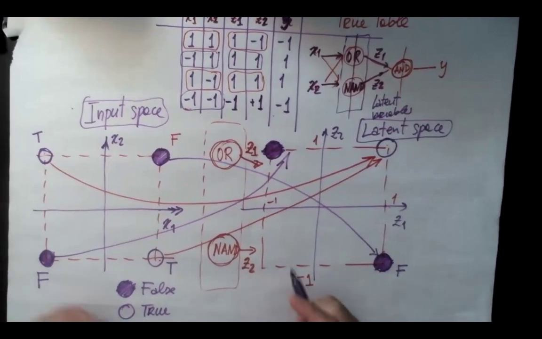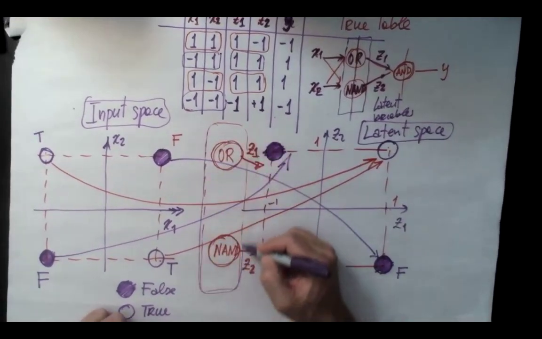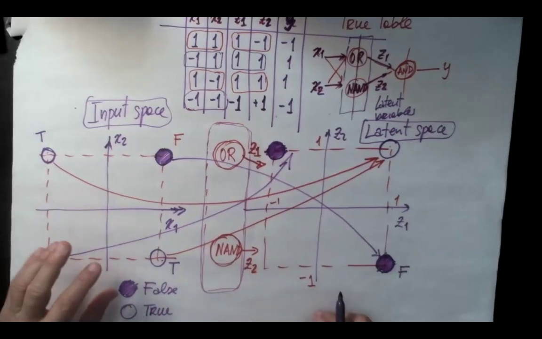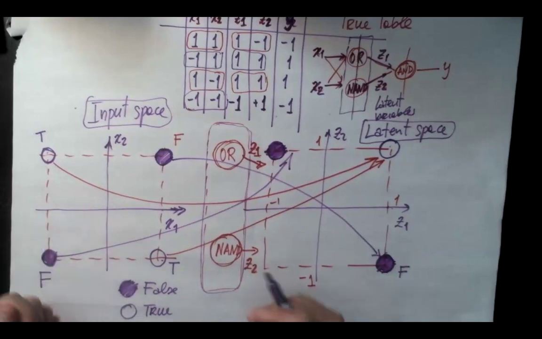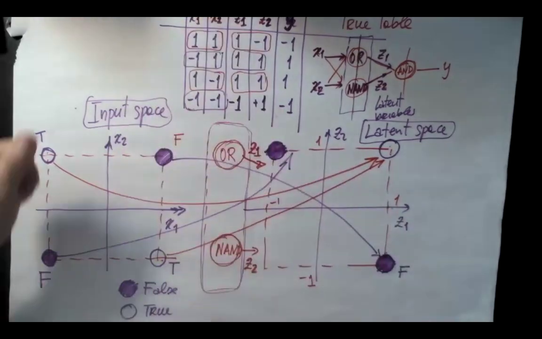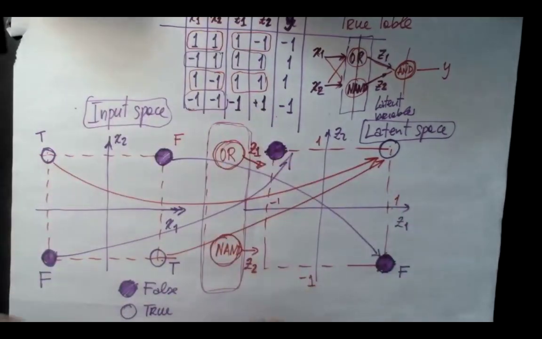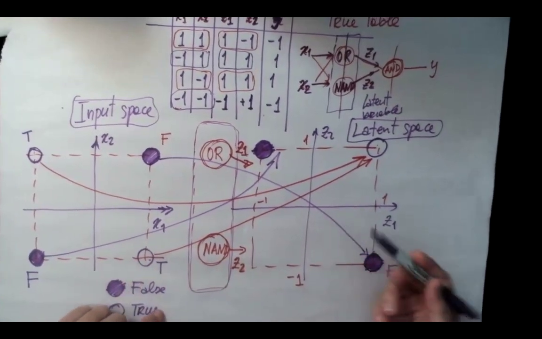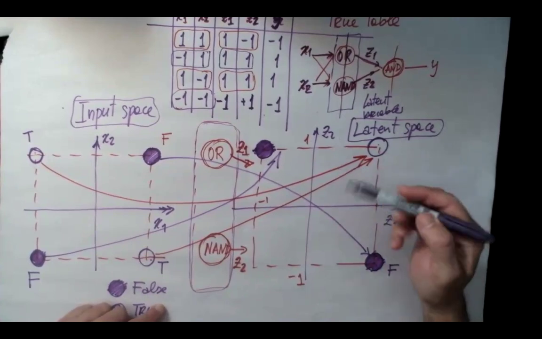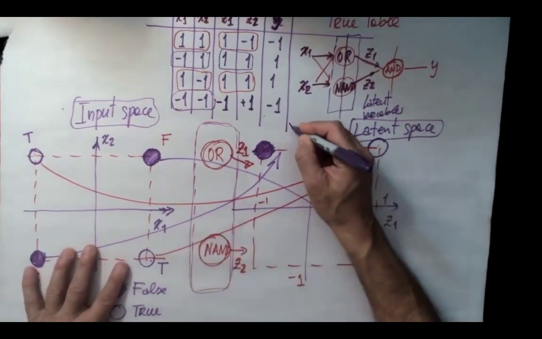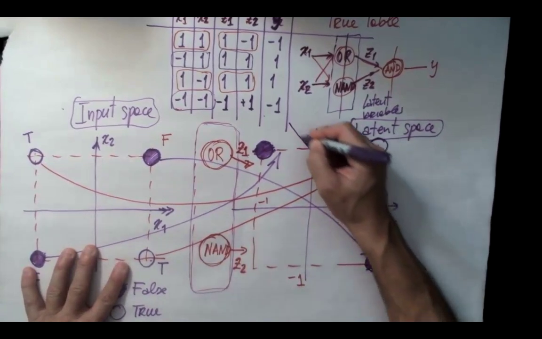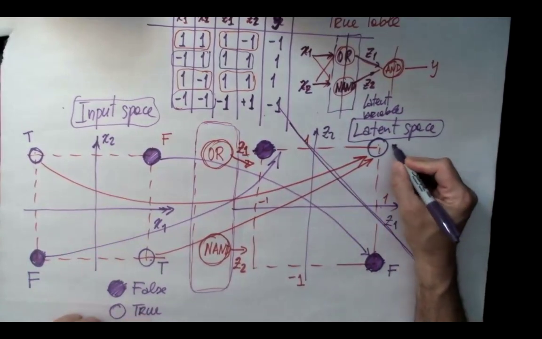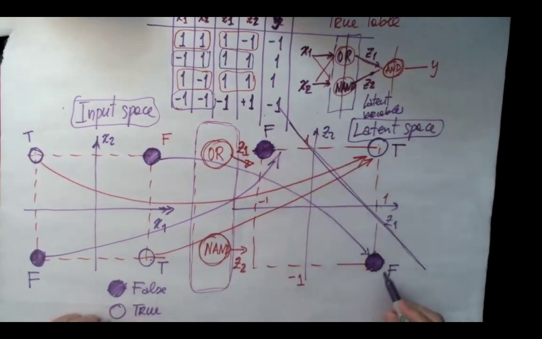So you can see that what the hidden layer does is basically transform the input space, pulling and moving around the data points and reordering them in such a way that now we can do a linear classification of the true results from the false results.